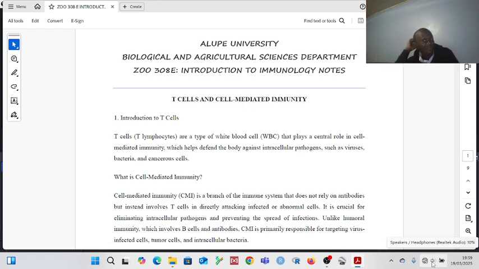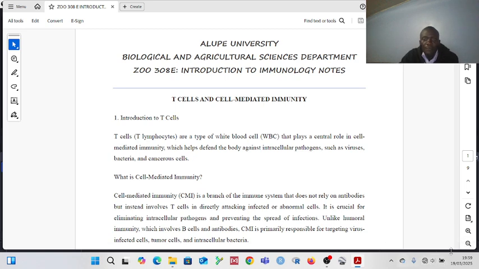So they are a type of white blood cell, and they have a critical role to play in this branch of the immune system that we call cell-mediated immunity. By playing that central role, they help eventually to defend the body against intracellular pathogens. So the pathogens that are found inside the cell. Okay. So those are T cells.